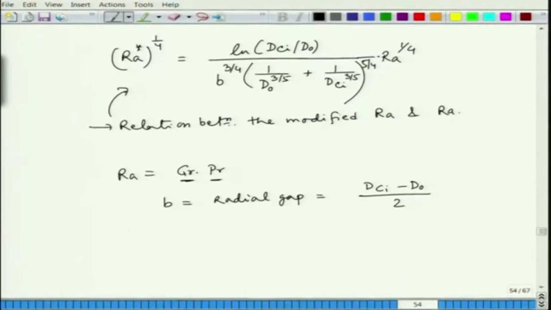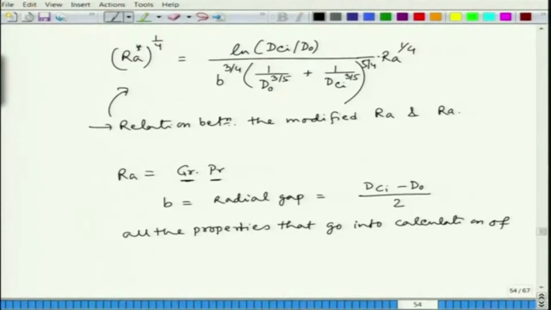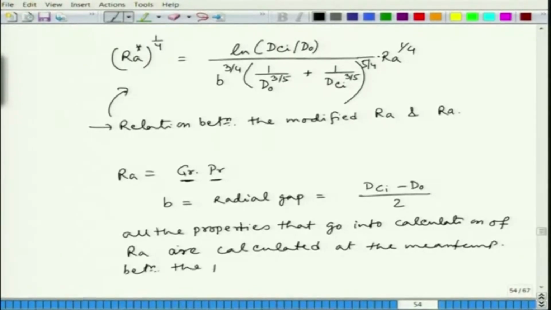Okay. And of course, all the properties that go into calculation of Ra, that means the viscosity, thermal diffusivity, everything, are calculated at the mean temperature between the plate or tube, absorber tube, and the cover.